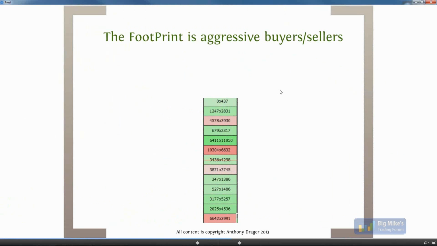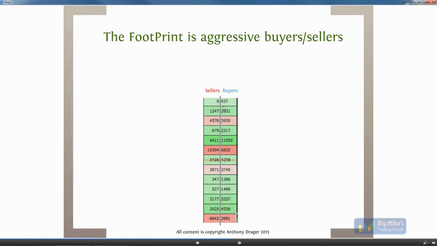Let's build on that with aggressive buyers and sellers as shown on the footprint, okay? Let's just split this footprint in 2, and this is just 1 bar. Let's not assume, but show aggressive buyers on the right and aggressive sellers on the left. That's what this footprint is showing, correct?